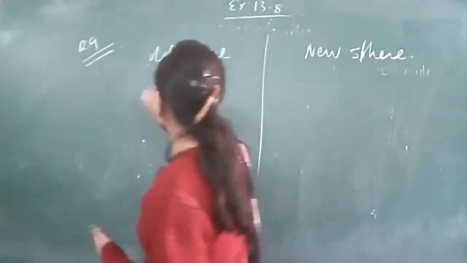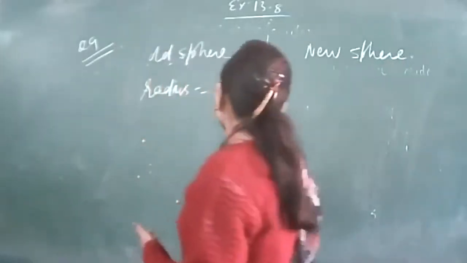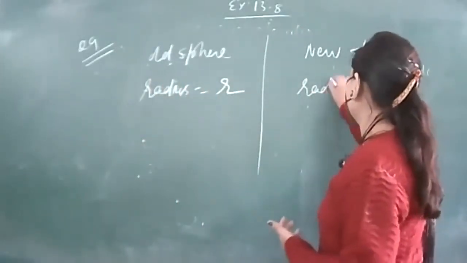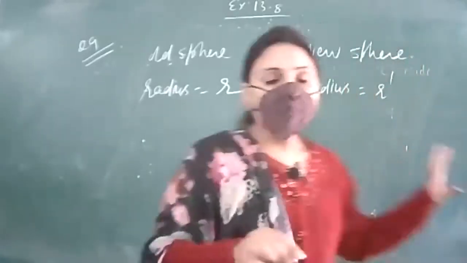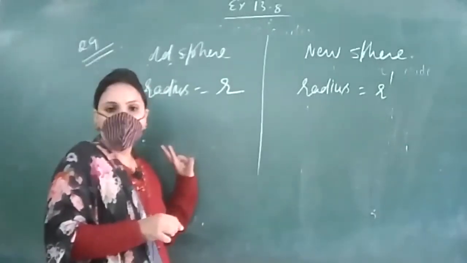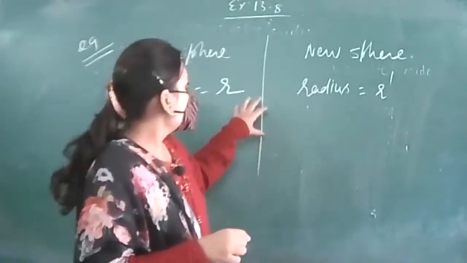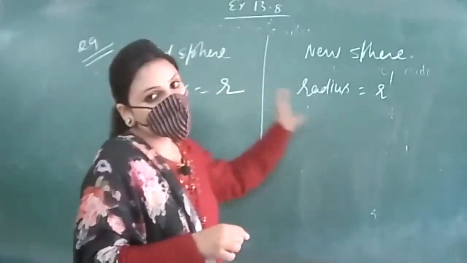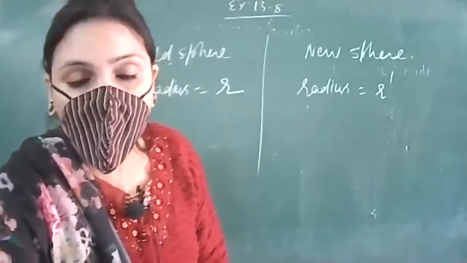So old sphere radius equal to small r and new sphere radius is equal to r dash. This is given to us that the spheres which we are going to melt, they are of radius r each, and sphere which we are going to get after melting these, its radius is r dash.